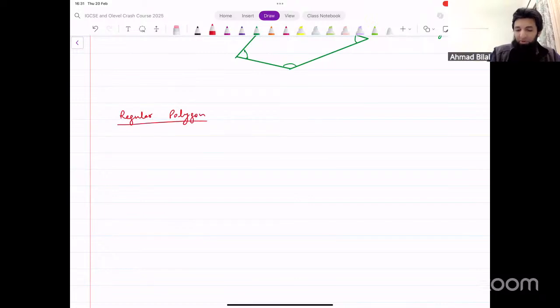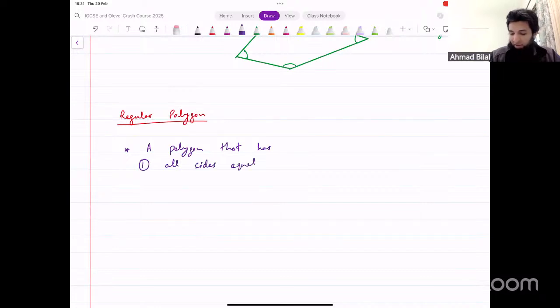A regular polygon is a polygon that has number 1, all sides equal, and number 2, all angles equal. Okay, it should have all sides equal and all angles equal.